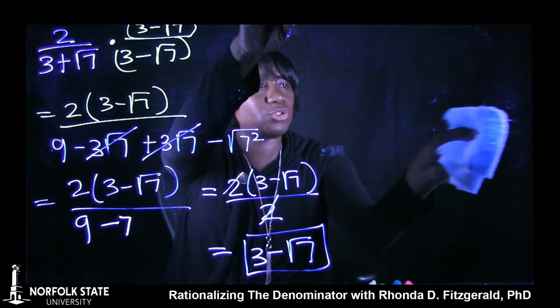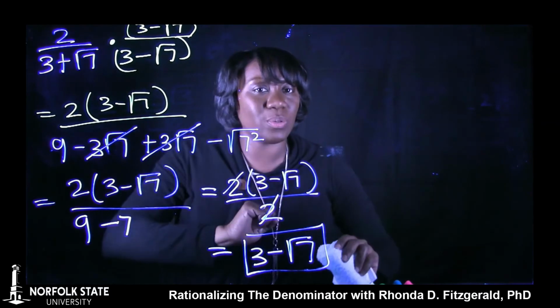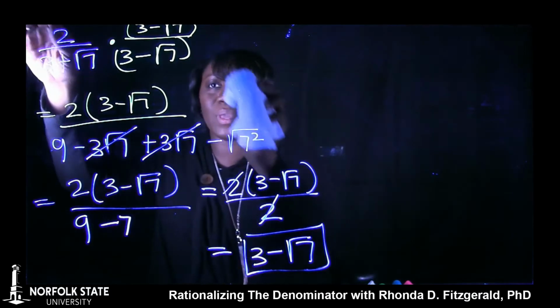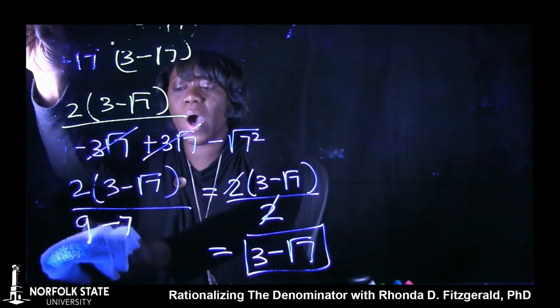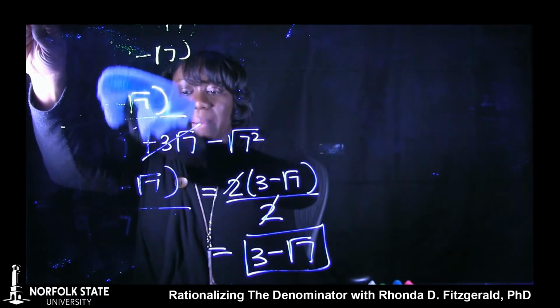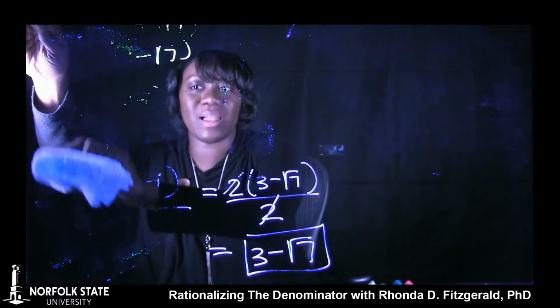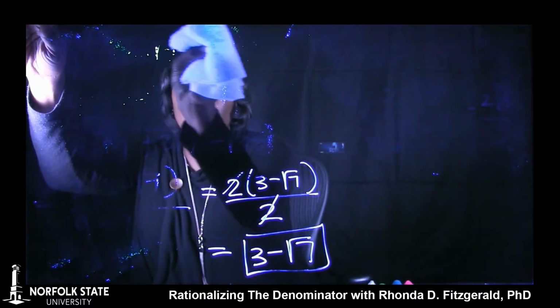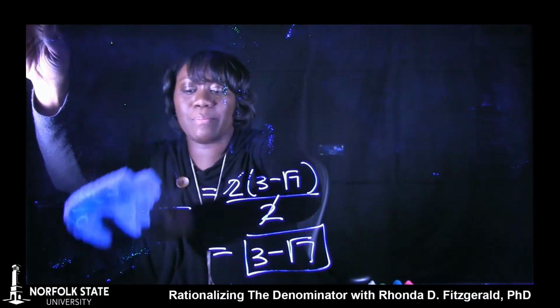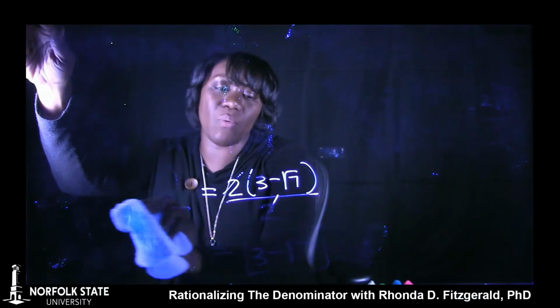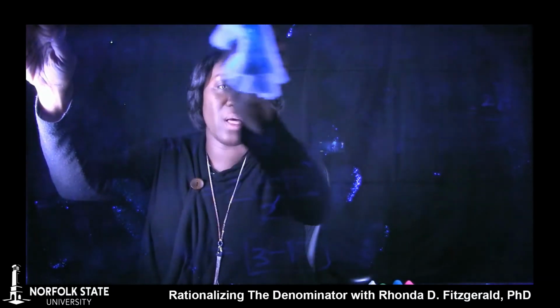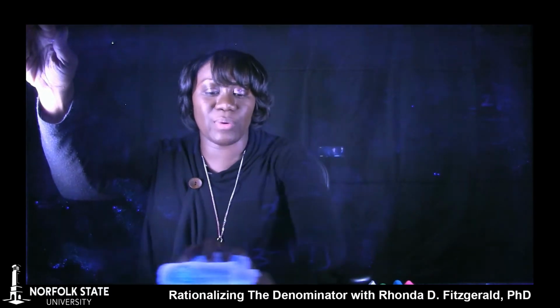And it'll be a nice little shortcut that we can use the next time we want to multiply by a conjugate. Instead of having to FOIL out the entire problem, we'll learn a quick little shortcut. But if all else fails, we can always FOIL because we know that we can get the final and correct answer. But let's learn a little shortcut method.